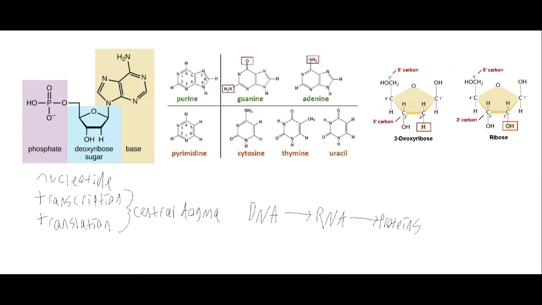And I'm calling it 2' because in these nucleotides, it's the base here that has the non-primed numbers, and so the sugar gets primed numbers just to differentiate the numbering from the base.